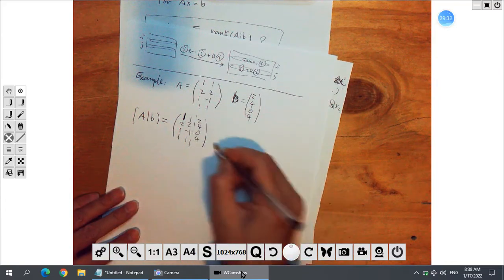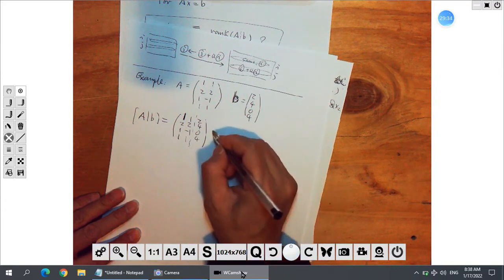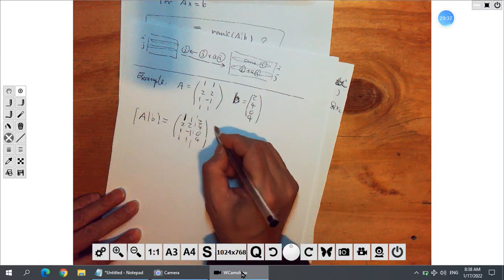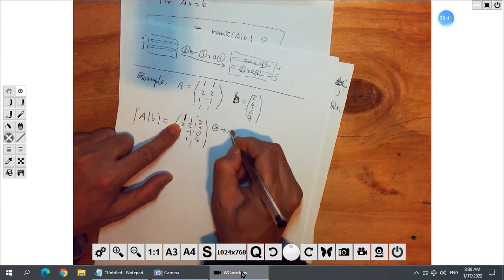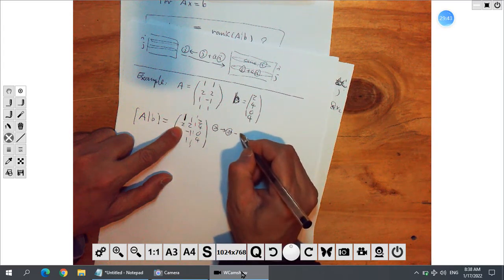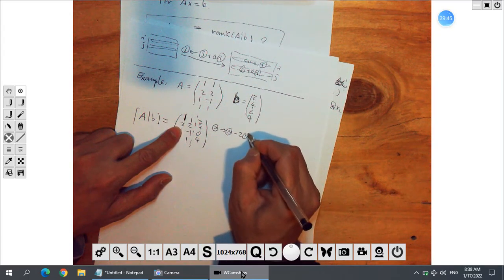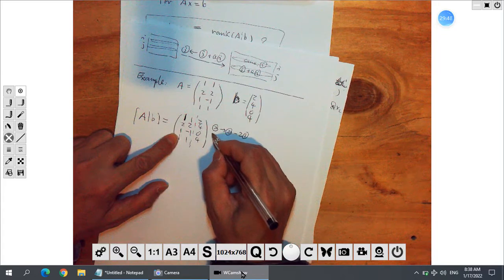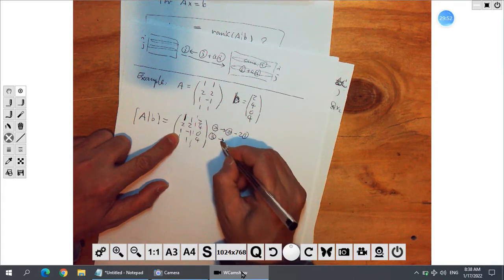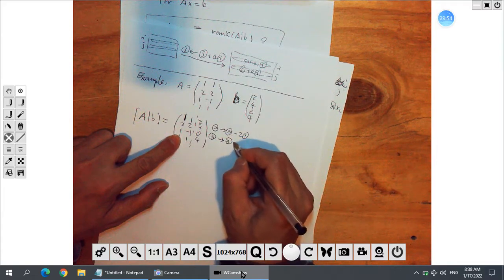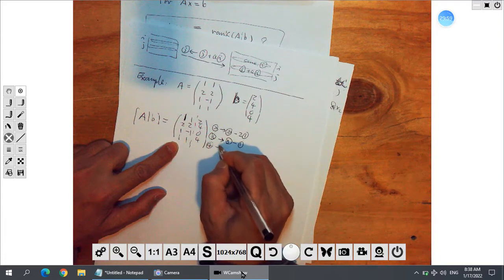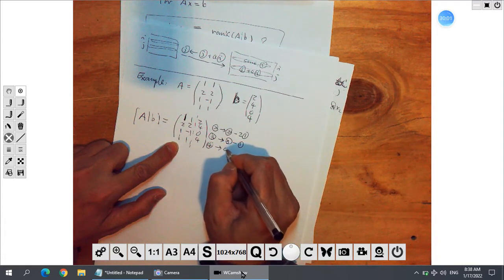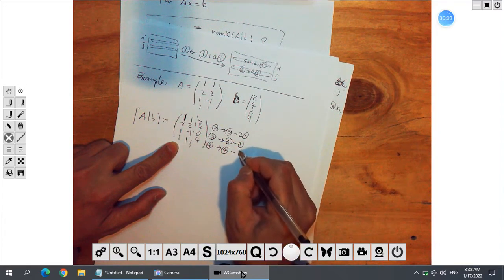So we can work like this. The second line will go to second line minus 2 times first line, the third line will go to third line minus first line, and the fourth line to fourth line minus first one.